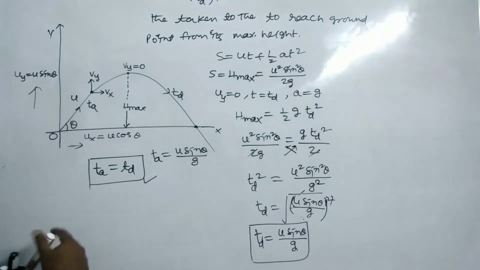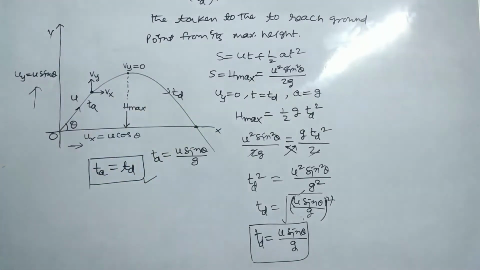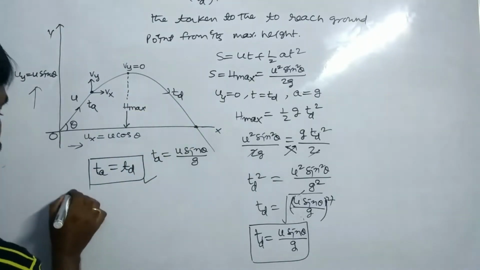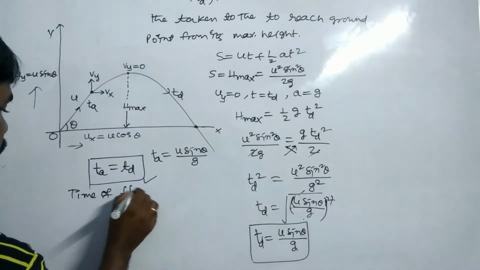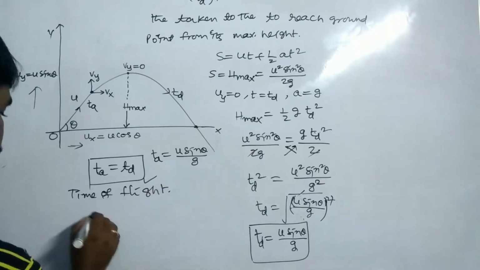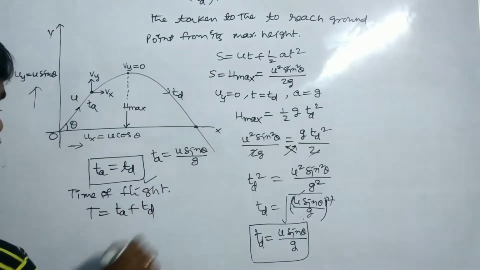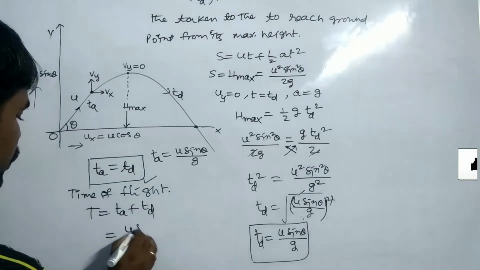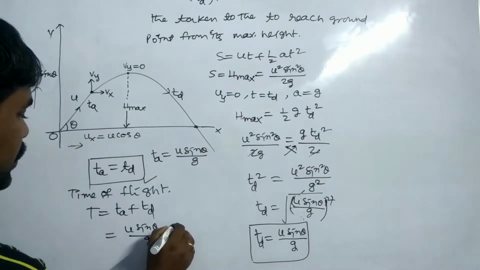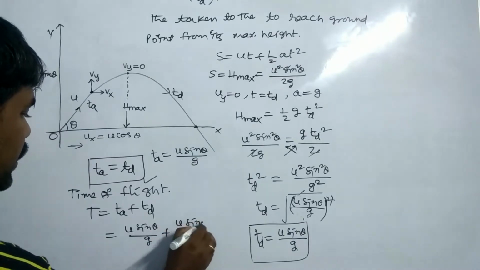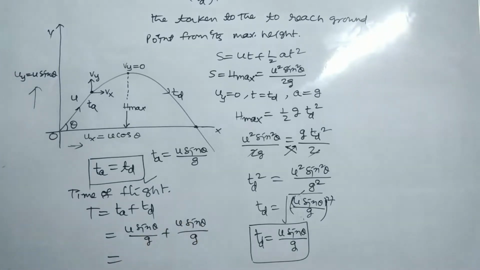The total time, that is the time of ascent plus the time of descent, is known as the time of flight. So time of flight, capital T, is equal to TA plus TD, where TA is equal to u sin theta by g and TD is equal to u sin theta by g.